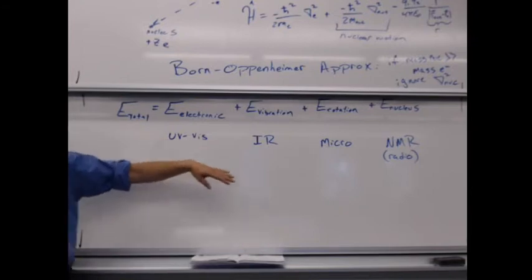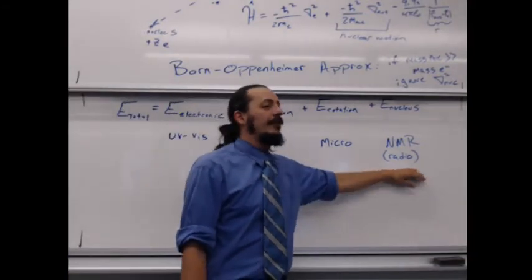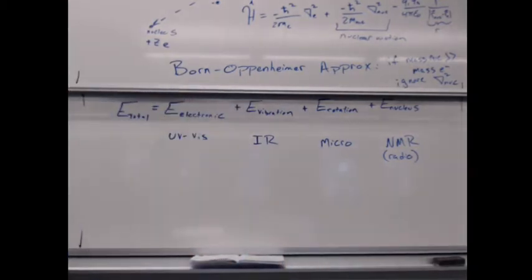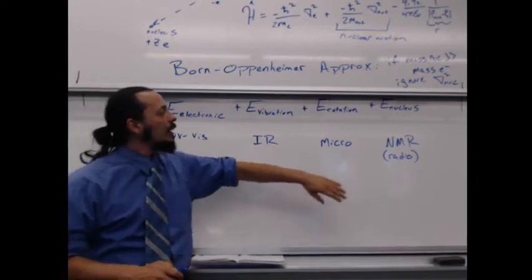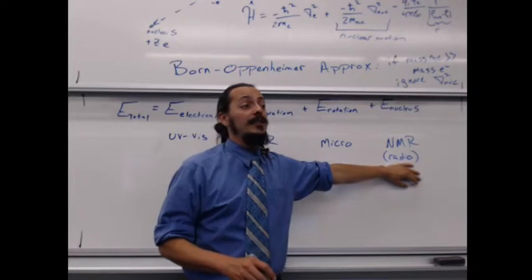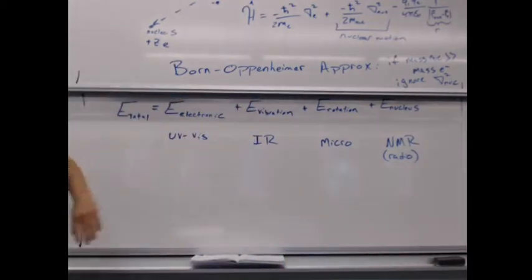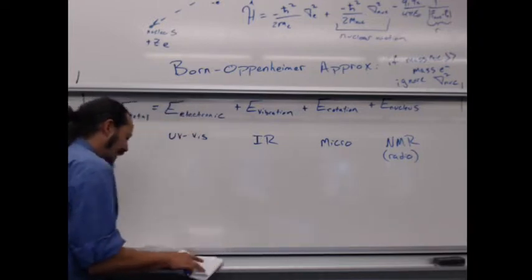UV-vis is going to be higher energy than IR. IR is higher energy than microwaves, higher energy than radio waves. So we can start to break up which thing we're looking at based on the energetics of these interactions. So we've already done vibrational, we've already done rotational, nuclear interactions, NMR, that's for a different class. So we really want to focus in on this electronic part, looking at the electronic interactions.